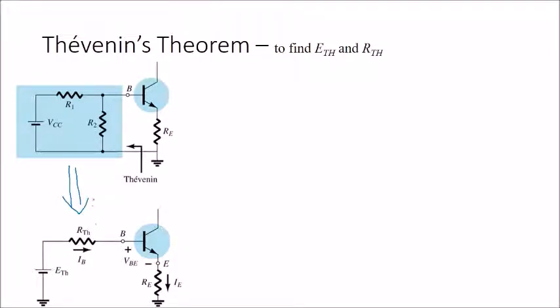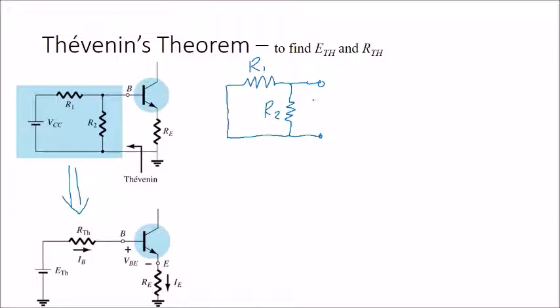For the resistor part, we have to short the power supply. We have R1 here and R2 here, and for the VCC we have to short the VCC, and then from here we have one R1 and one R2.